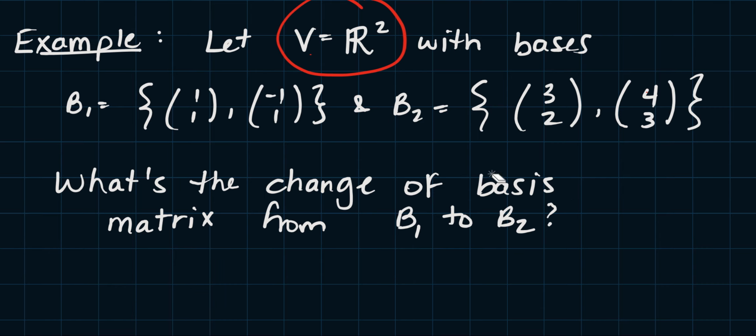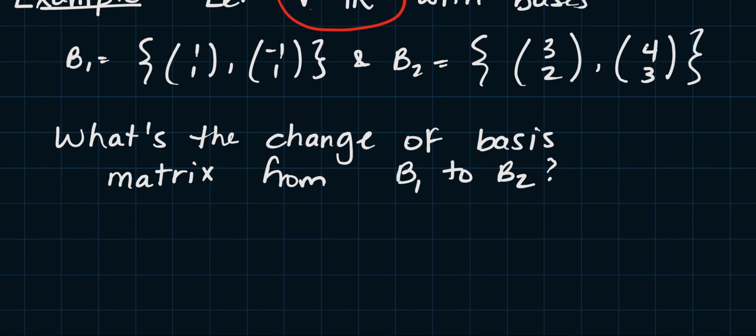Okay, so the first thing I'm asking is, what's the change of basis matrix going from the basis B1 to the basis B2? And I'm going to write this, what I'm looking for. Let's do it in a different color. I'm looking for the matrix I, which we're calling the change of basis matrix, from B1, don't make that mistake, from B1 to B2.